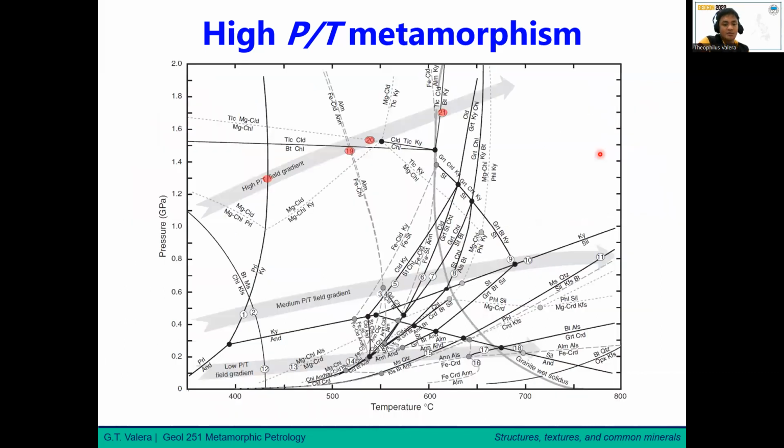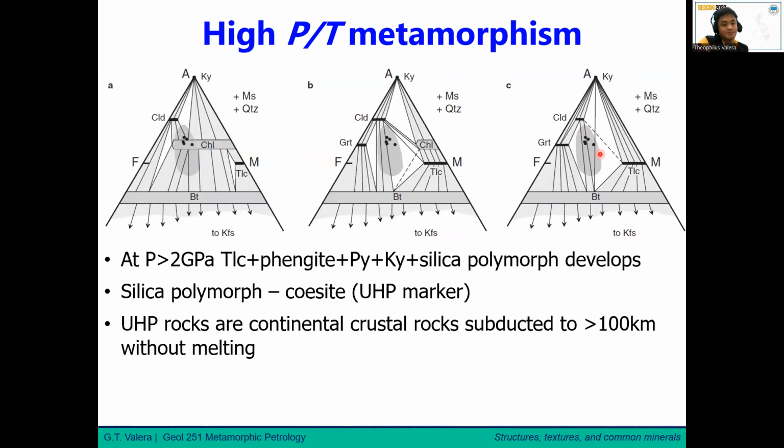You can read this and interpret it by yourself. This is the location of those reactions on the PT grid. At pressure greater than 2 GPa, talc plus phengite plus pyrophyllite plus kyanite plus a silica polymorph develops.